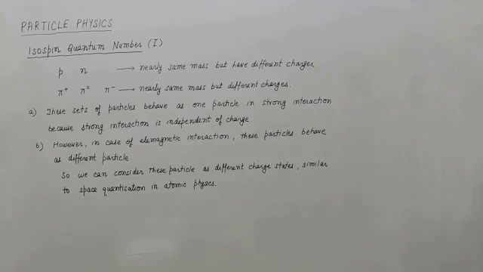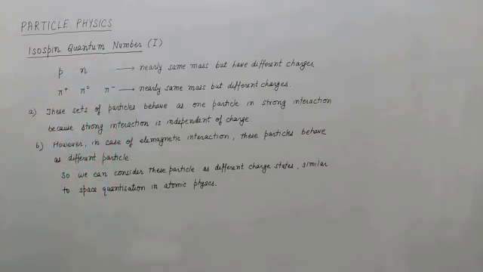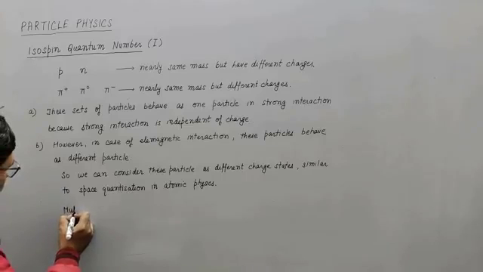To represent this type of behavior, the isospin quantum number was devised. Later on, a multiplet number M is assigned to such particles so that we can indicate the number of different charge states.